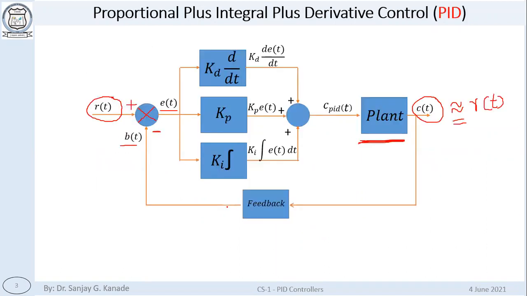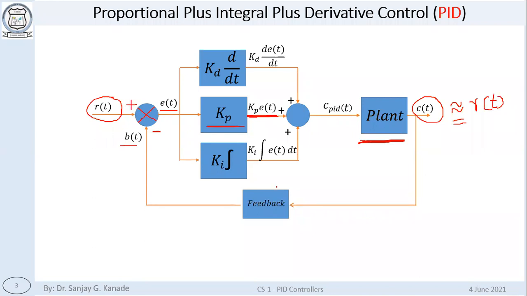Now what happens in the PID controller block is, basically there are three components, as I said: proportional, integral, and derivative. This is the proportional controller. What is the relationship between the output of the controller and the input of the controller? Can anyone tell me?